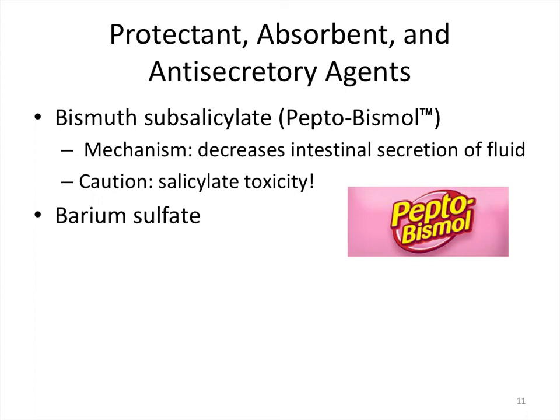Now, in this presentation, I wanted to focus on anti-secretory agents, but I did want to mention a drug that would have an effect as an anti-ulcer and protectant that we will talk about in more detail in subsequent GI drug presentations, and that is the drug called sucralfate.